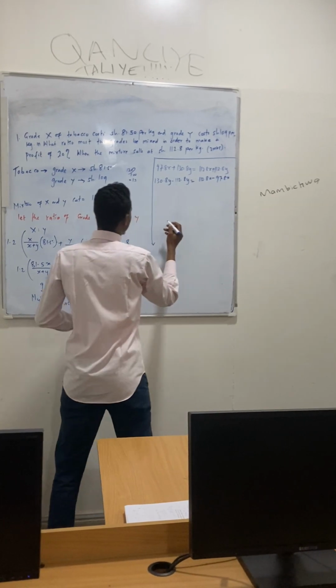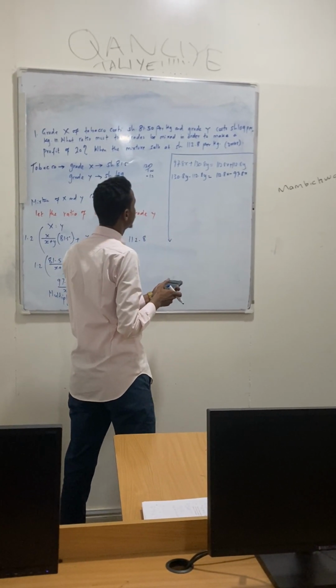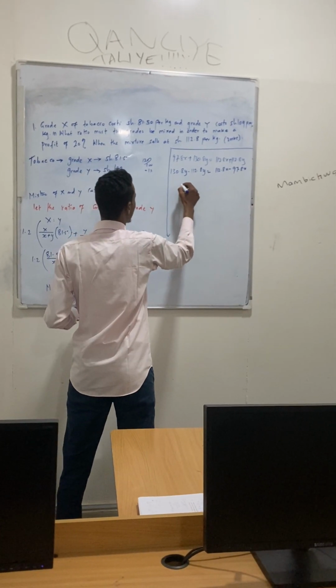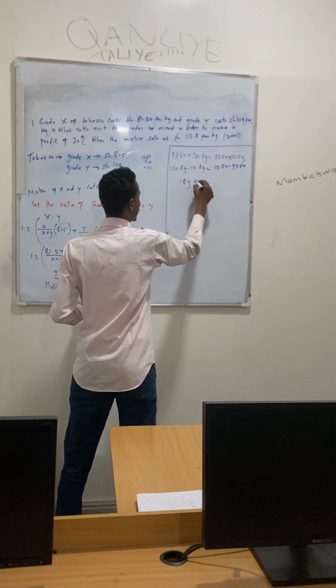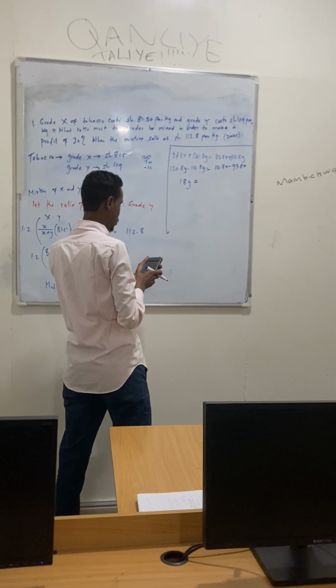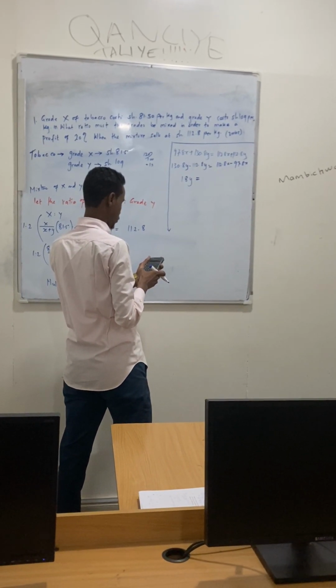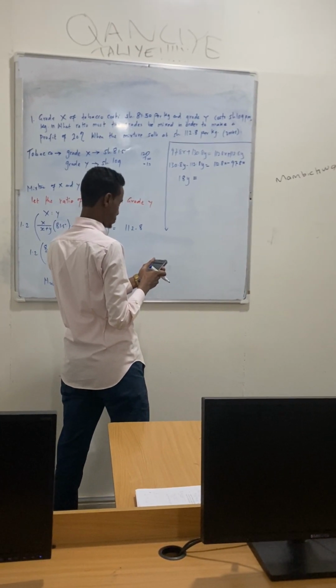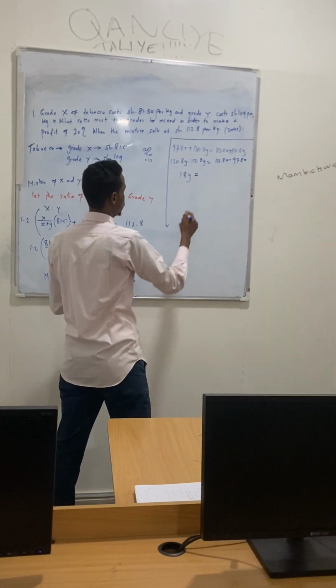Now what do we get? Minus 112.8. Here we get 18y equals 112.8 minus 97.8, which is 15x.